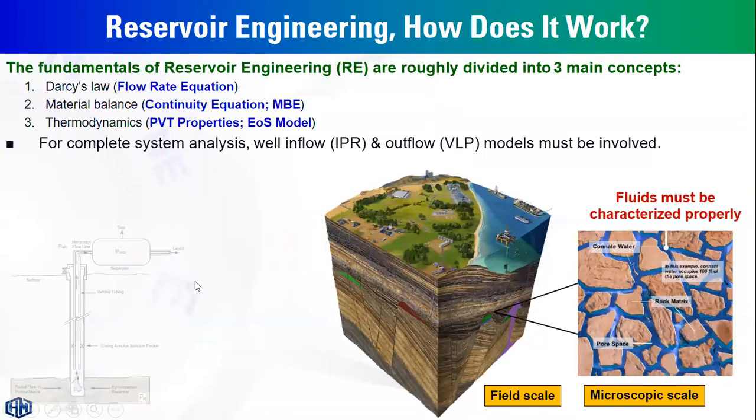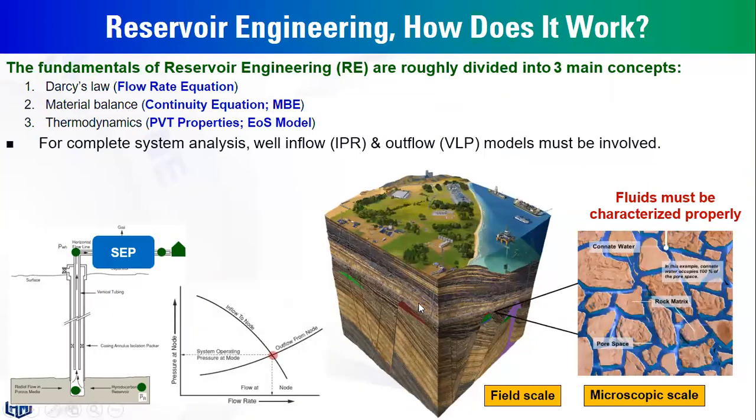These are typically the different scales, from the field scale to the microscopic scale, including the porous media with two main elements, the rock matrix and pore spaces. We have in these pore spaces a specific combination of reservoir fluids.